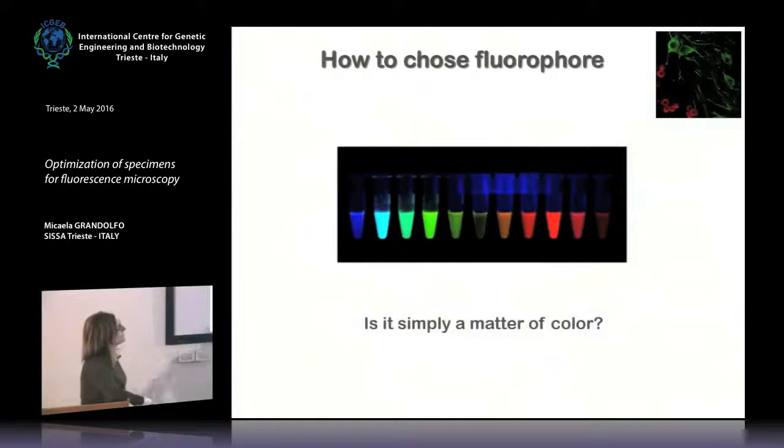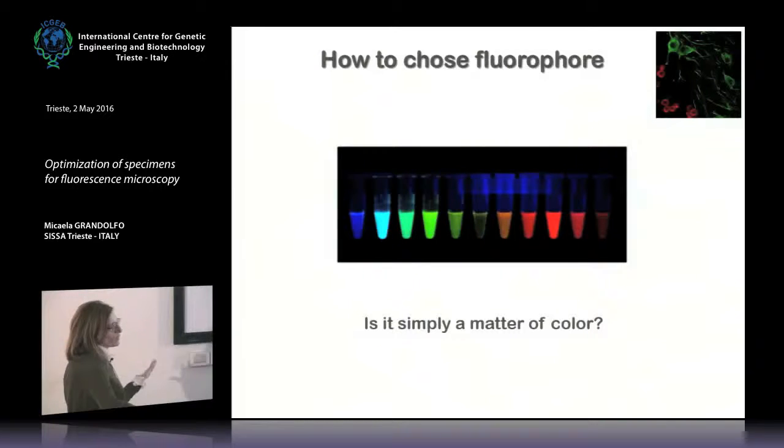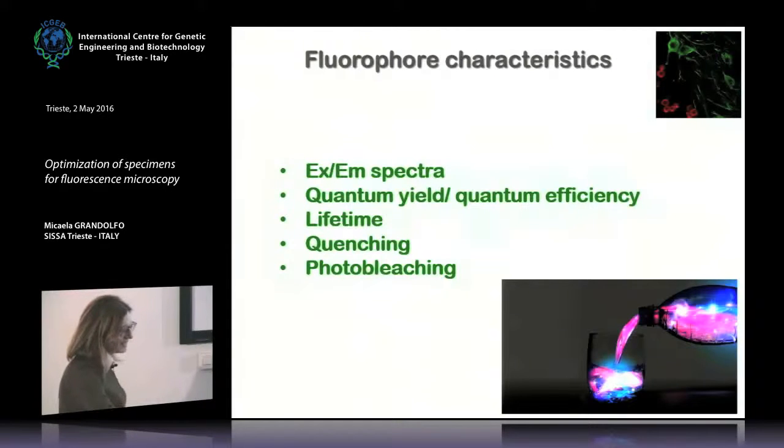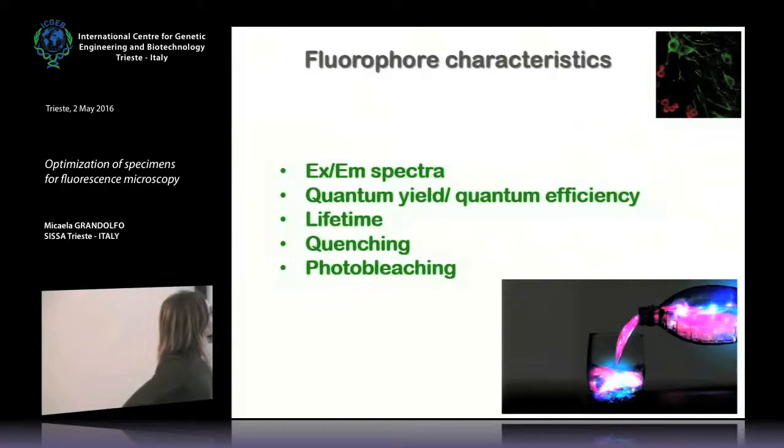Okay. So let's move to the fluorophore. How to choose a fluorophore? Is it simply a matter of color? In general, people choose a fluorophore because they like green more than red or blue more than green. No, it is not so simple.